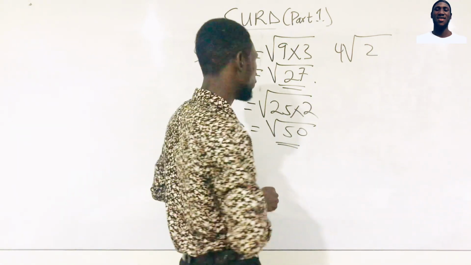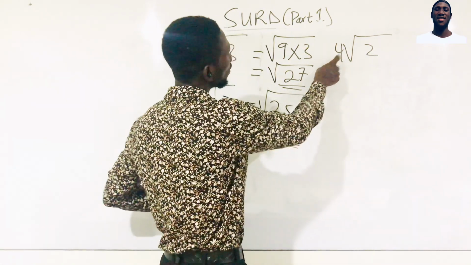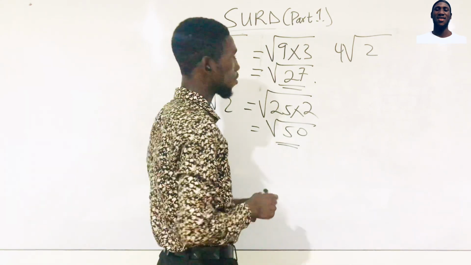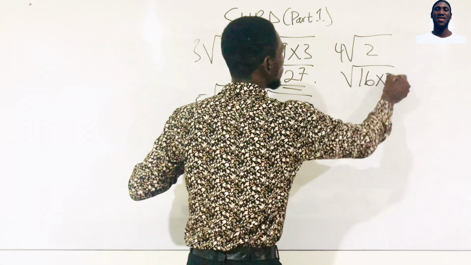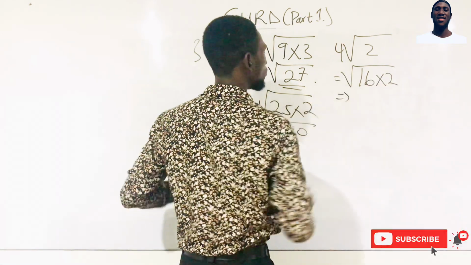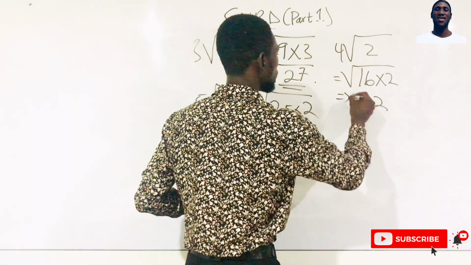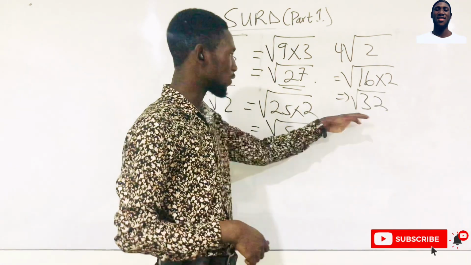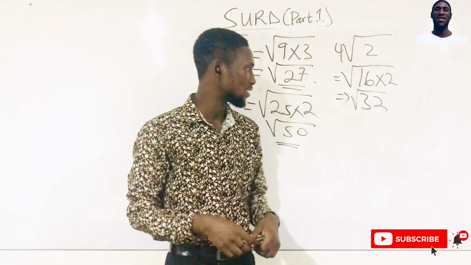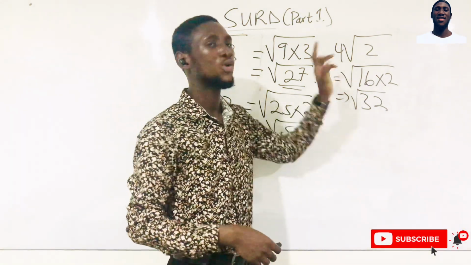I know the root of 16 gave us 4. So I multiply 16 by 2. And 16 by 2 gives us 32. So it was root of 32 that gave us 4 root 2.